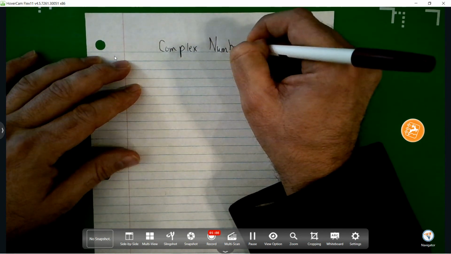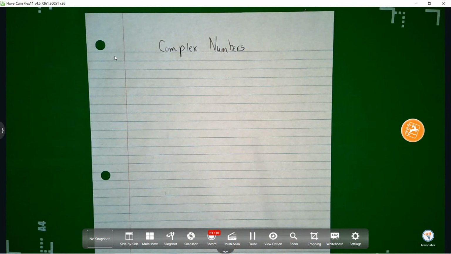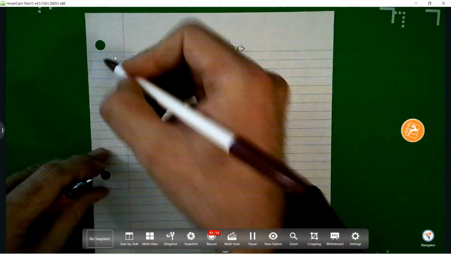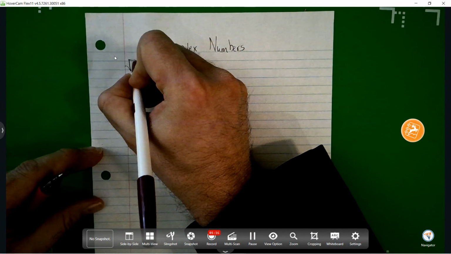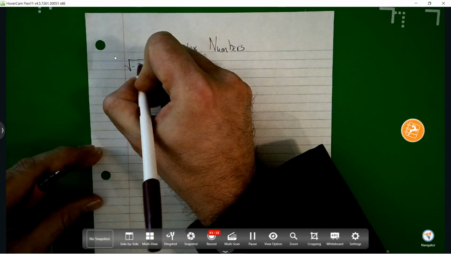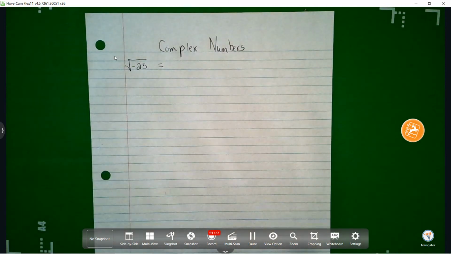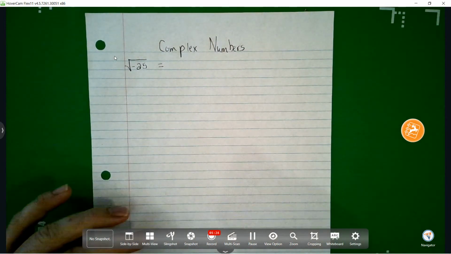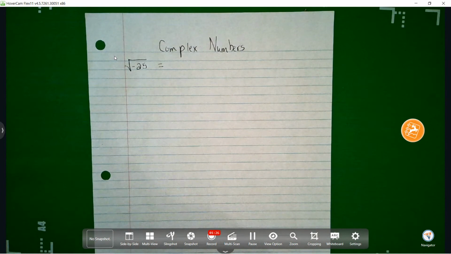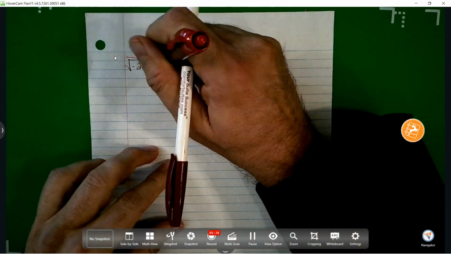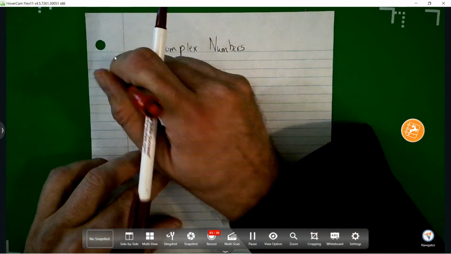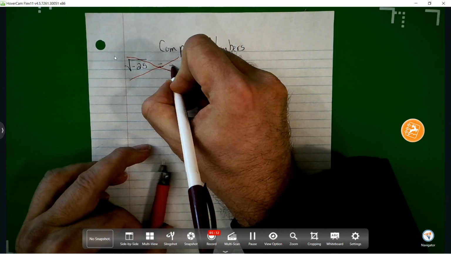And let's begin this by looking at a common mistake that students make. When a student sees something like this, the square root of negative 25, sometimes students will say, and this is wrong, I'm going to put a big red X through it right now, negative 5.